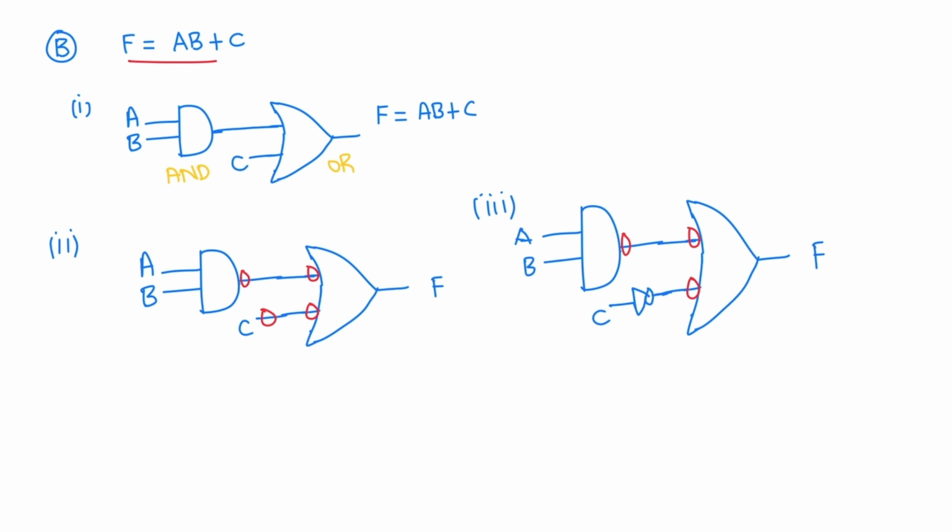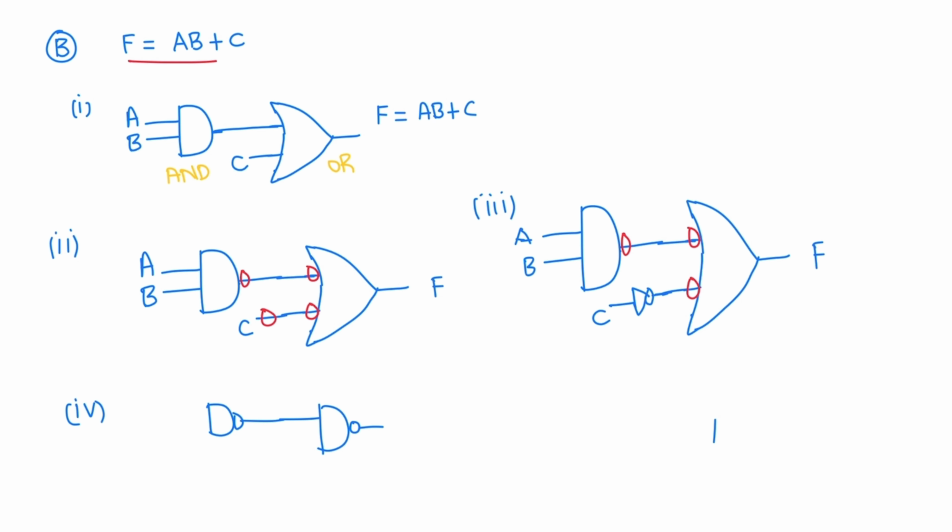So this bubbled-input OR gate can be replaced with the NAND gate. So we have a NAND gate, again a NAND gate.